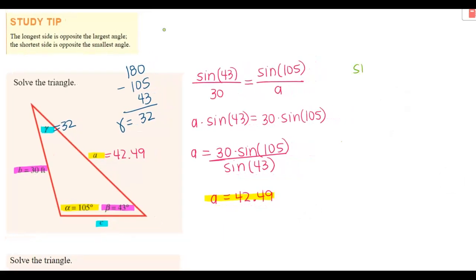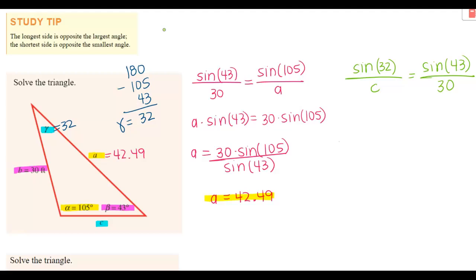Now that we know that gamma is equal to 32, we can find little c. So we want to take the sine of gamma, which is 32, over little c. And from here, we could use either the yellow pair or the pink pair. I would probably recommend using the pink pair just because nothing has been rounded in that set. So sine of 43 over 30. Again, we only have one unknown, which is great.